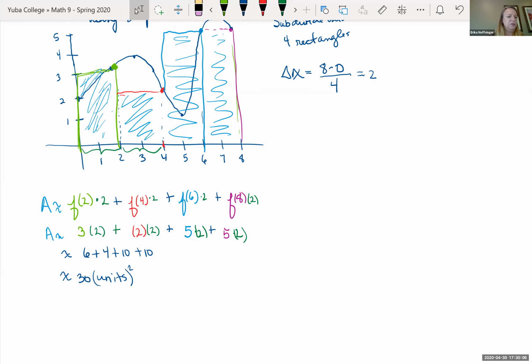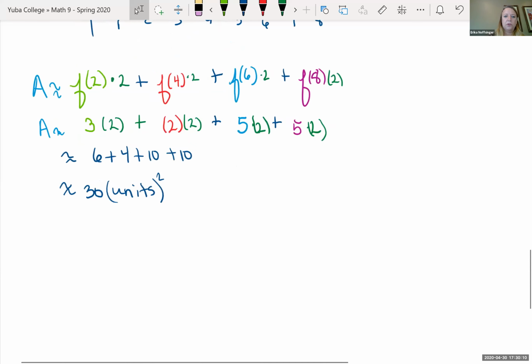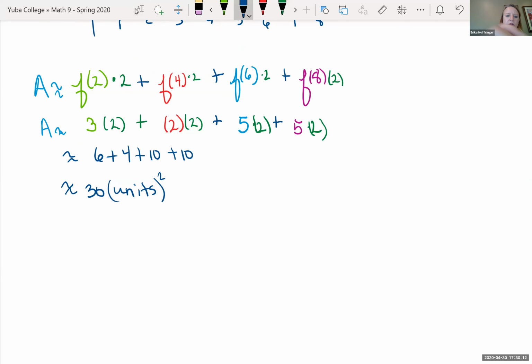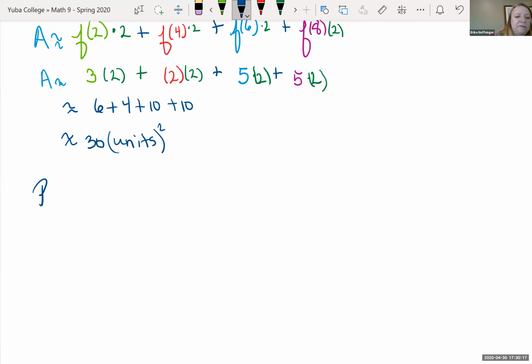So let me give you some properties of these integrals. Properties of definite integrals.